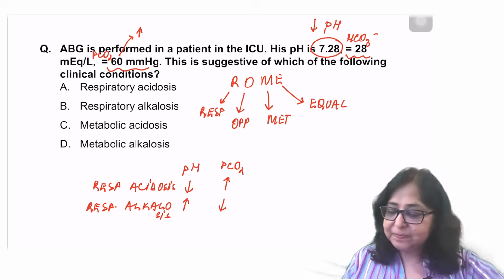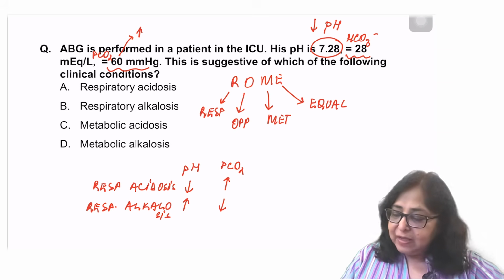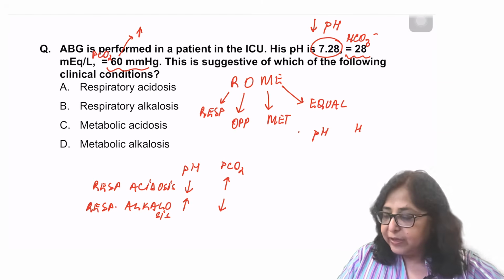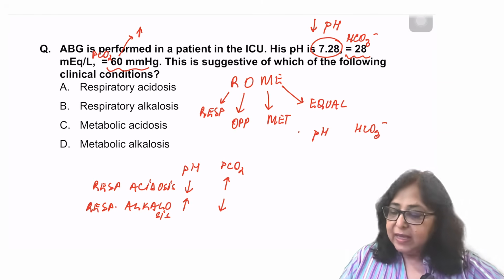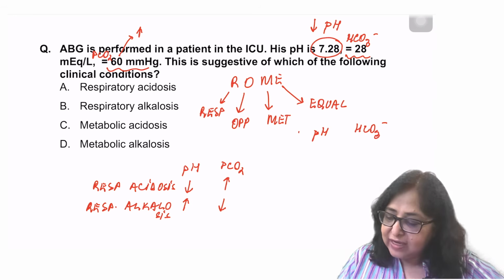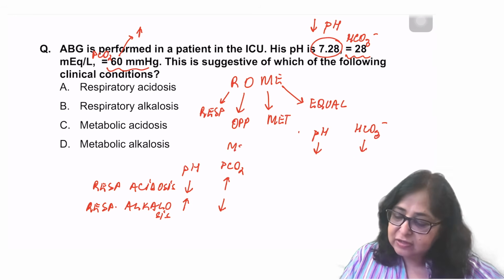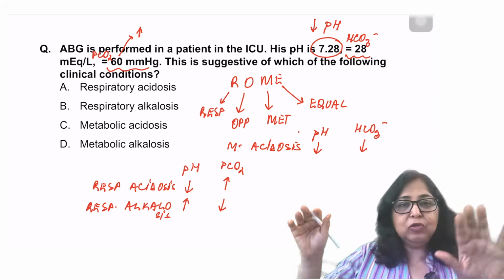Respiratory opposite. For metabolic, we will look at the pH and the bicarbonate levels. If the pH is low and bicarbonate is low, this is a metabolic acidosis. Equal. They're both moving in the same direction.